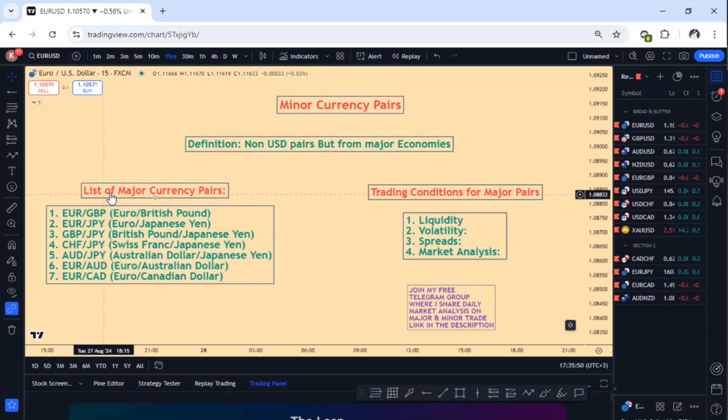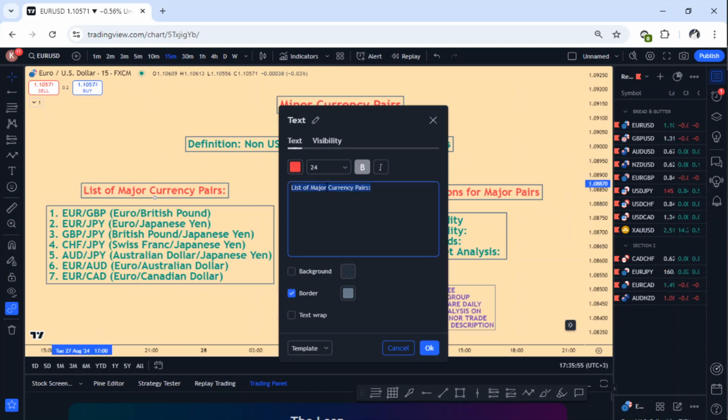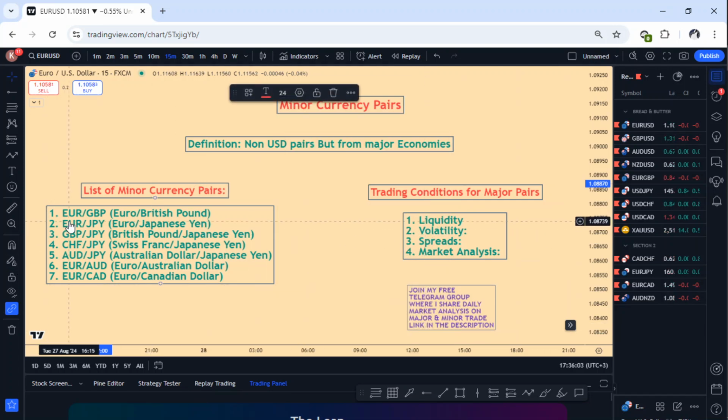Now examples of minor pairs, sorry, that first one should say minor, it was a typo. As you can see here, we have EUR GBP. I like to trade it. Then you have EUR JPY, I also like it. GBP JPY, which is liked by many people.